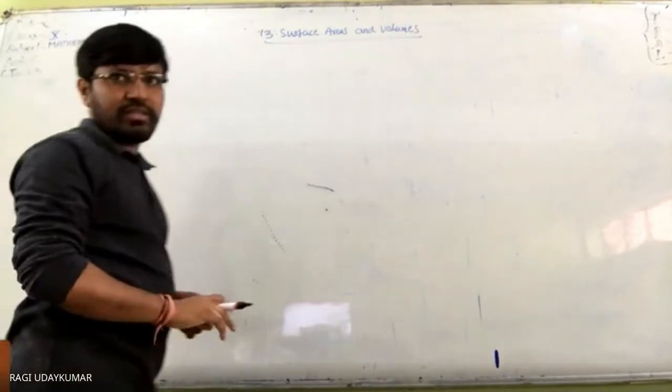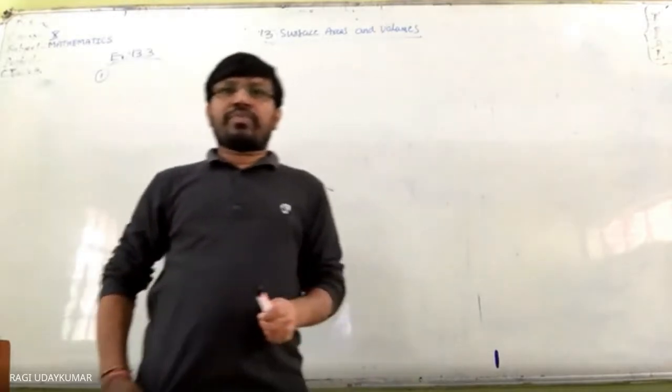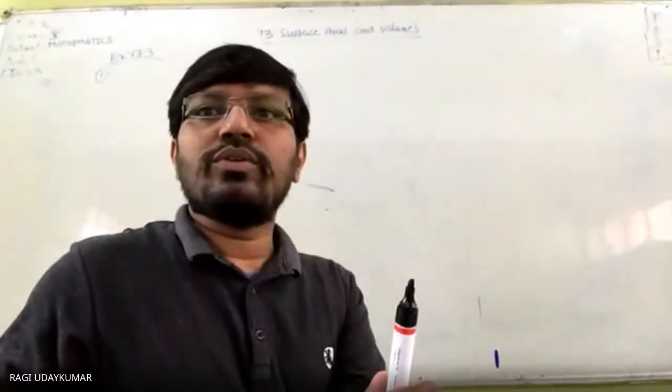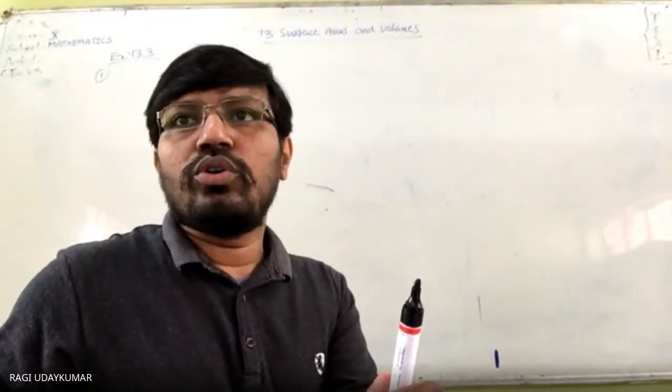See the question. The first question is given to you: a metallic sphere of the radius... So I think these are all the questions. It is better to show these questions to you.